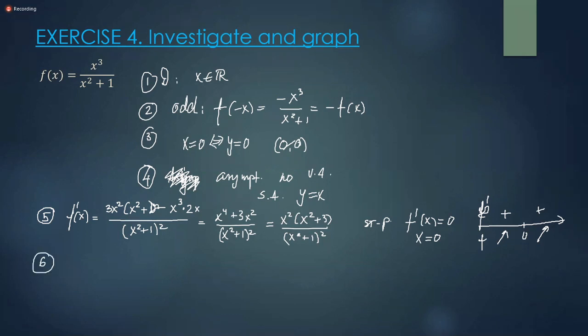The second order derivative is probably easier to differentiate in this form before factorizing. So the second derivative: the u function differentiated, 4x cubed plus 6x, times the denominator squared with the square not differentiated, minus x to the fourth plus 3x squared not differentiated, times the derivative of this square.